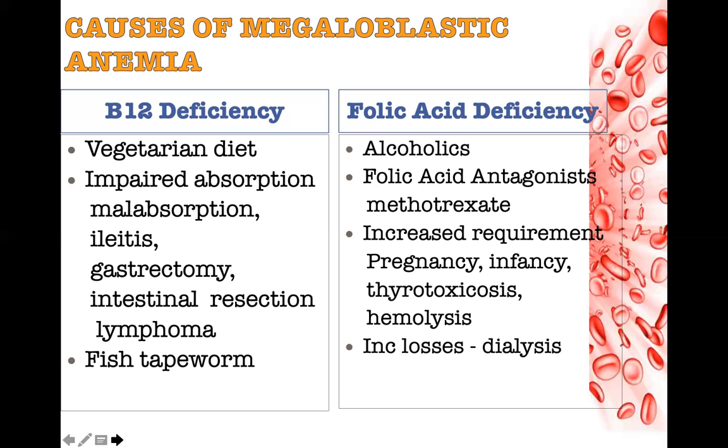It may also be secondary to a fish tapeworm, Diphyllobothrium latum. Whereas with folic acid deficiency, you see this in people who are taking folic acid antagonists like methotrexate. Also, in certain physiologic conditions where there is increased requirement, like pregnancy, thyrotoxicosis, as well as chronic hemolysis. And there could also be increased losses if a patient is undergoing chronic dialysis.